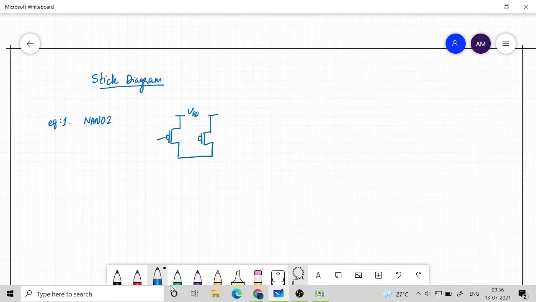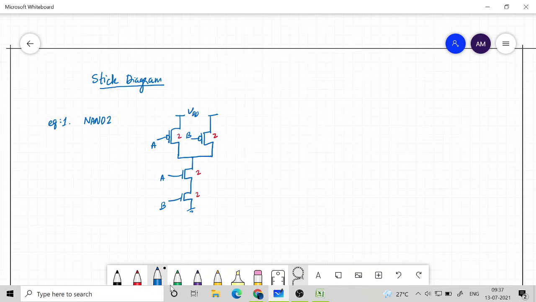So this is VDD, and then we have 2 NMOS in series, and then we say A, then B, A, then B. So if this is the gate, and gate sizing, I hope you remember, this is 2, 2, 2, 2. Okay, so now let's draw the stick diagram, not the layout, stick diagram of NAND 2.